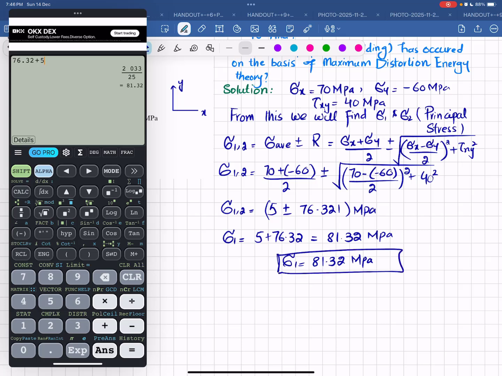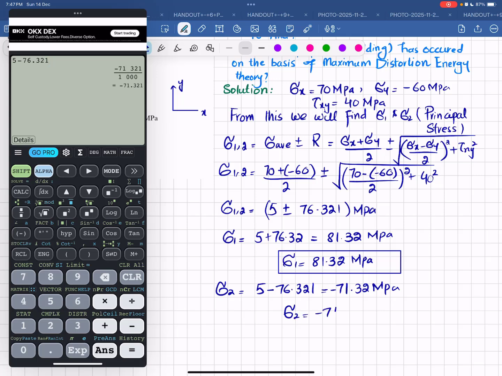Now we'll find sigma 2, and we know that sigma 2 will be equal to 5 minus 76.321, and when you calculate 5 minus 76.321, that is equal to minus 71.32 megapascal. Okay, so again sigma 2 is minus 71.32 megapascal.